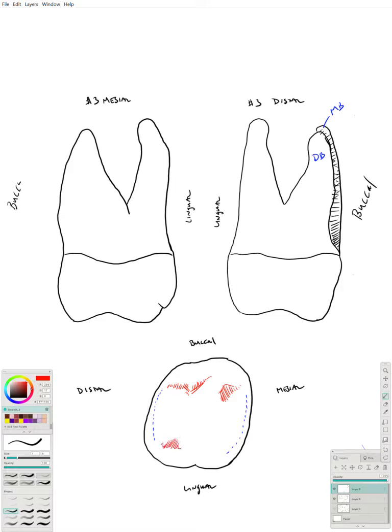So if I had any advice right here that would really help to set this up, it is to try to figure out where the outside of the occlusal table is, that the cusps make up the occlusal table. So you're going to get almost like this peanut shape here. Go ahead and draw in your central groove.